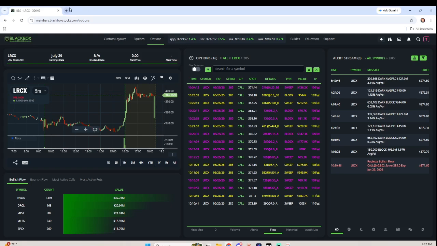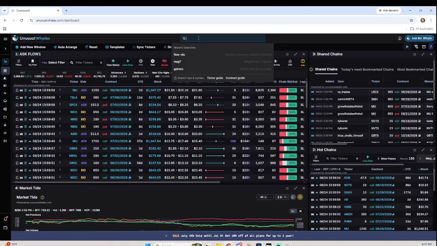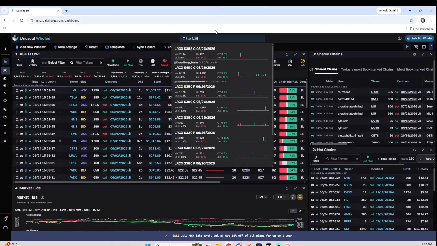And actually, just for the sake of looking at another flow service, in case anybody else uses Unusual Whales, I'll bring it up and we can look at that. All right, so LRCX 626.